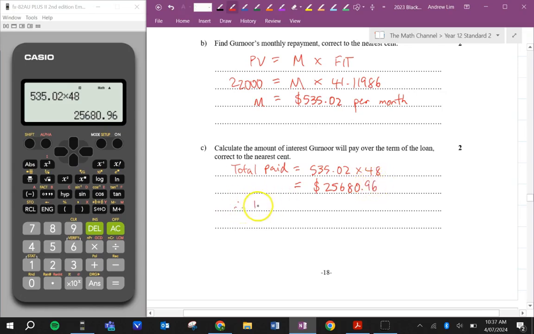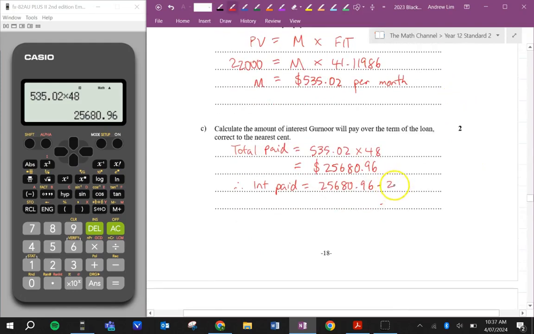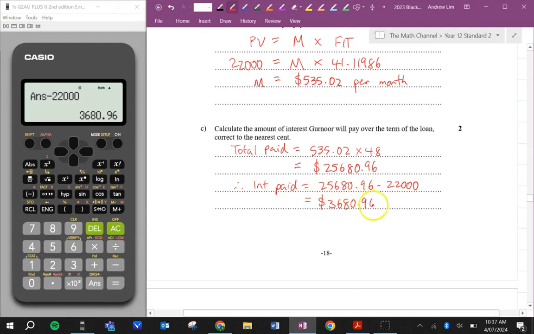Therefore, interest paid will be that amount minus how much the car is worth. Now the car was worth $22,000, so we need to minus $22,000 from here, which is $3,680.96 in interest.